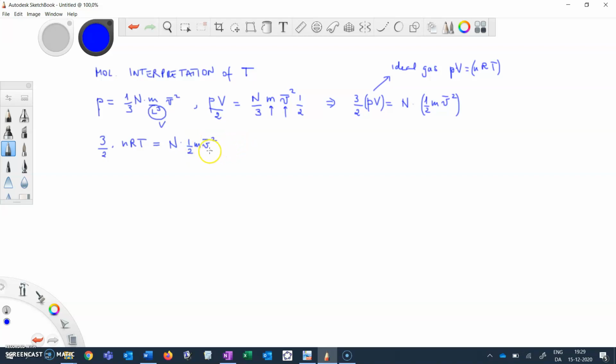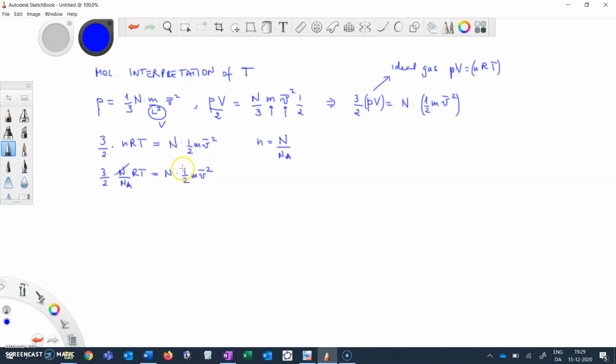What is this exactly giving me? Well, let's re-express the number of moles as the number of particles divided by the Avogadro number. In this case, you see that we're going to have 3 over 2 times N divided by Na times R times T equal to N times half m v bar squared.